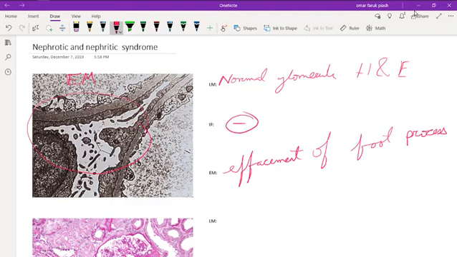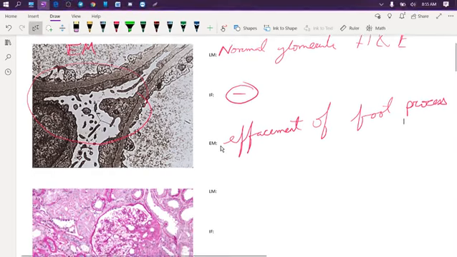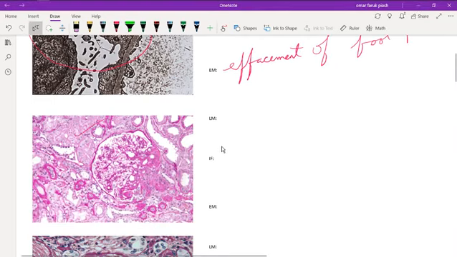The next one is the light microscopy picture of focal segmental glomerulosclerosis. In focal segmental glomerulosclerosis, the most common causes are HIV, heroin, and sickle cell disease. Let us say together: HIV, sickle cell disease, and heroin abuse.